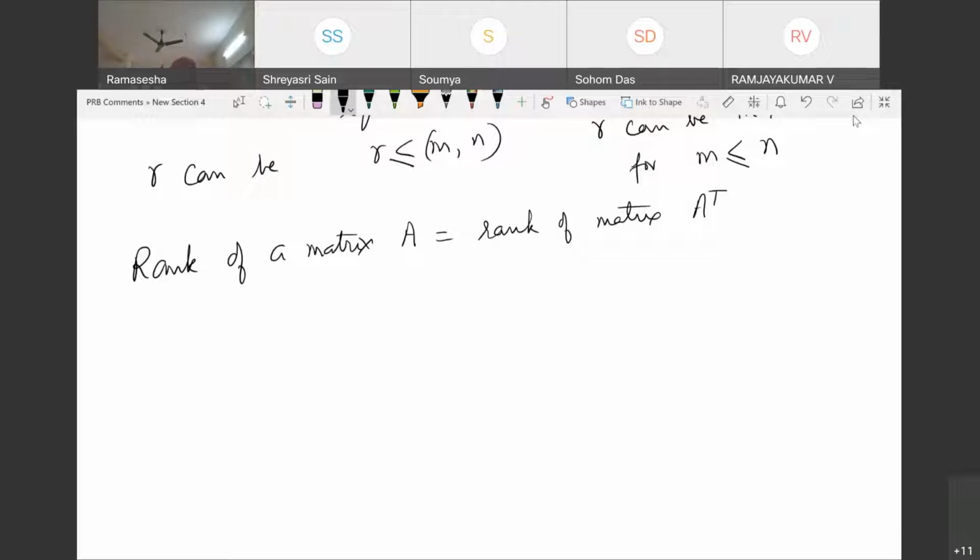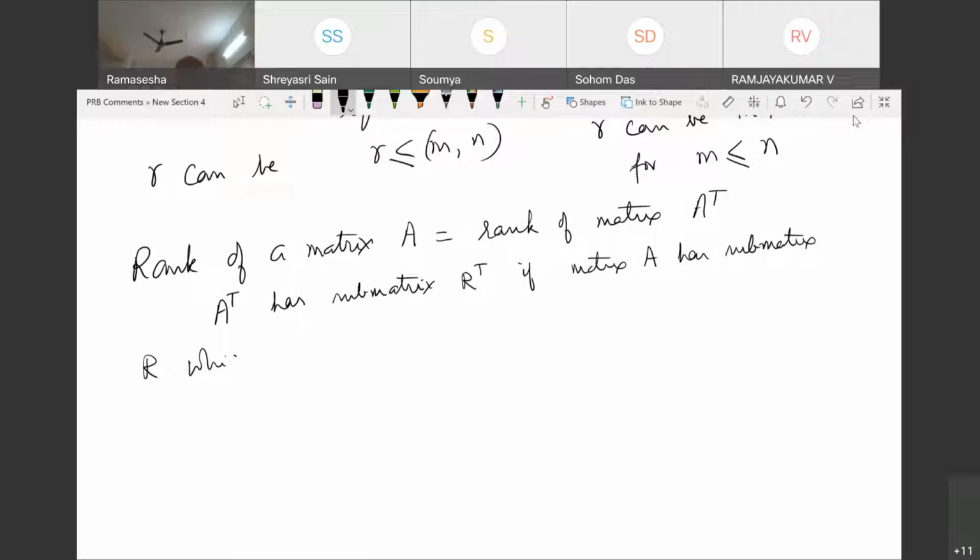Suppose matrix A has a submatrix R, which is a square matrix with non-zero determinant.